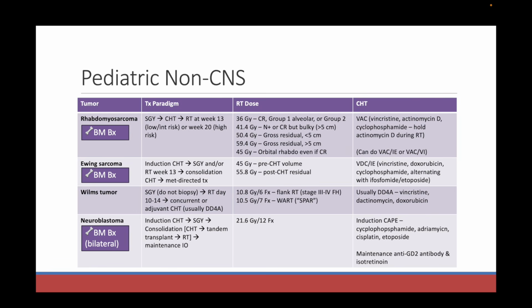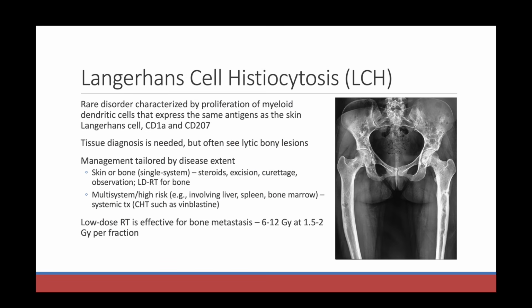Wilms, you're treating to a much lower dose, usually 10 gray, but your flank field will cross 1 centimeter across the contralateral vertebral body because, again, you want to make sure that those vertebral bodies are being covered to a homogeneous dose.